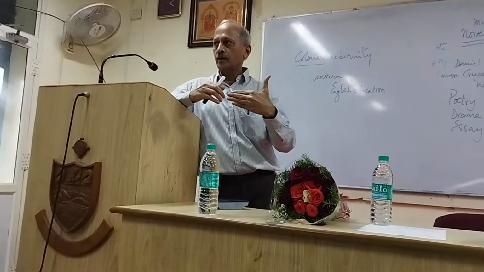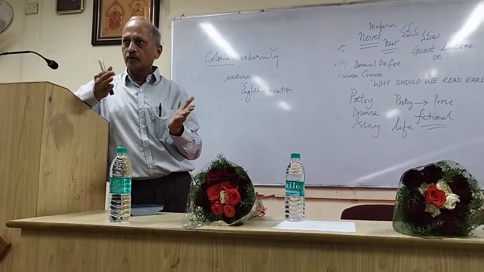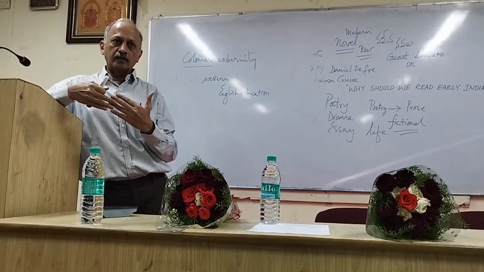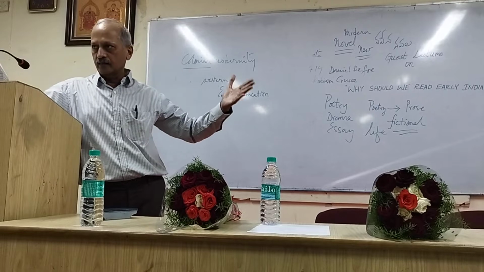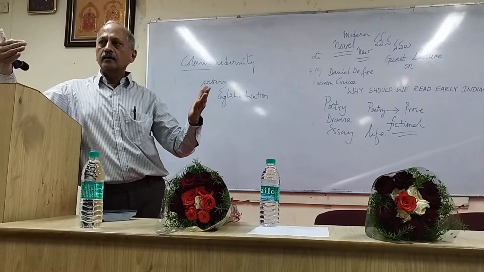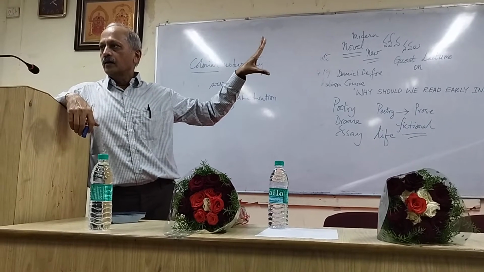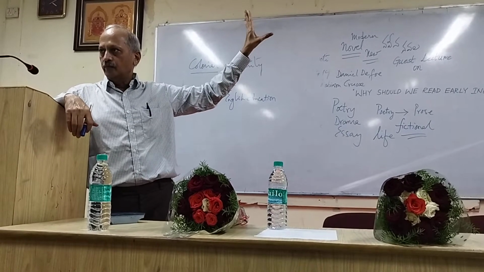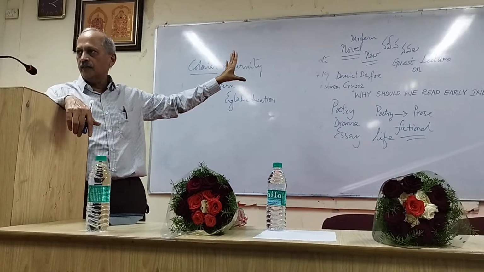The Kadambari tradition, of which Bana was the originator, is a kind of chain of stories. You put together stories one after the other and then write a longer literary piece in Sanskrit. This Sanskrit tradition is supposed to be one of the originators of the Indian tradition of the novel.